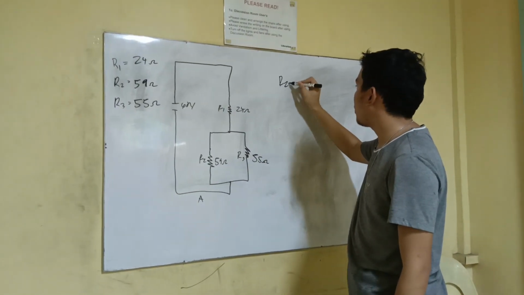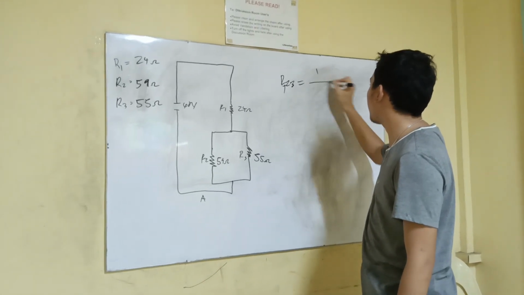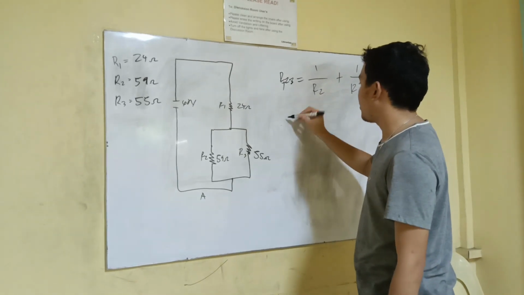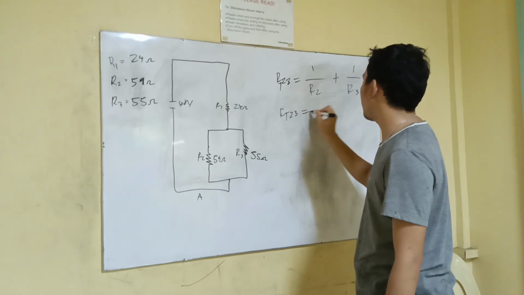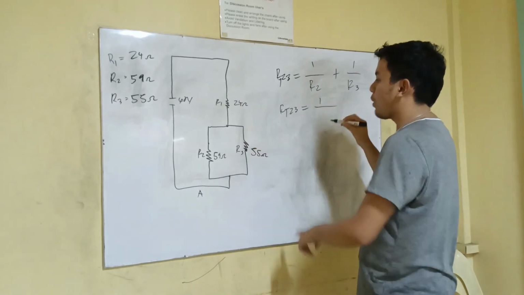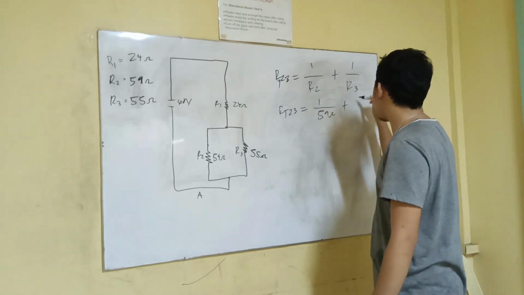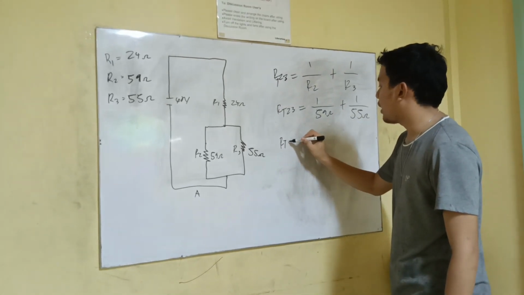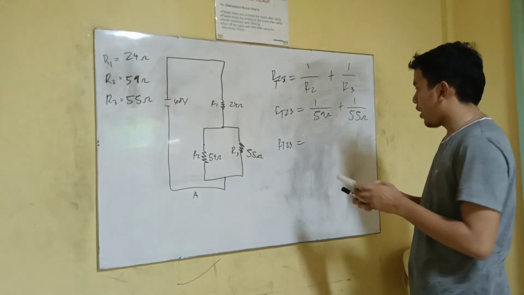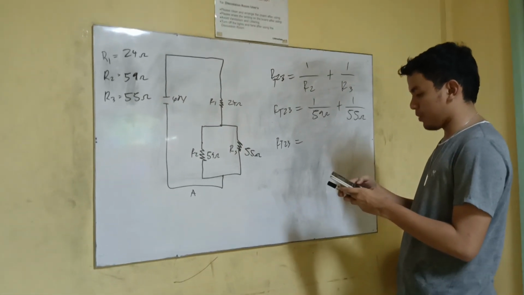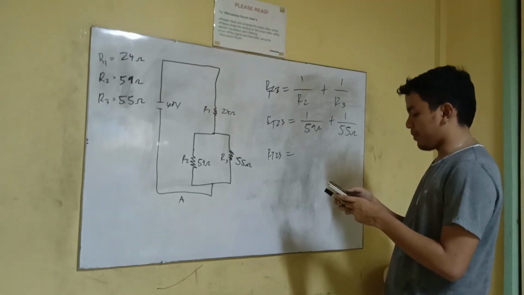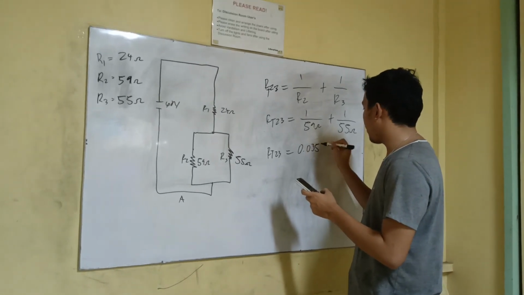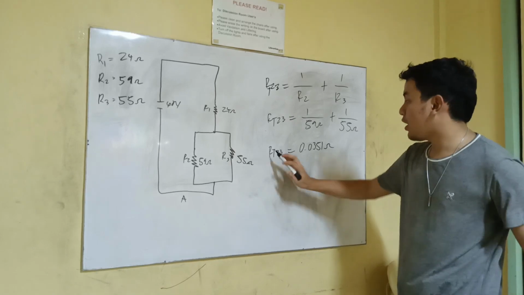R total 2 and 3 equals 1 over R2 plus 1 over R3, which is 1 over 59 plus 1 over 55, equals 0.0351 ohms. So this is our R total in 2 and 3.